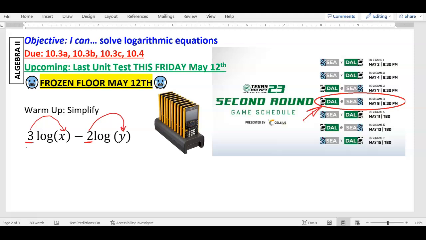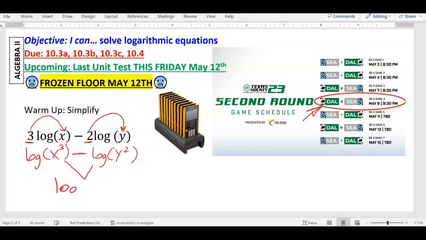So remember, that's going to be log of x to the power of 3, or x cubed, minus log of y to the power 2, or y squared. Okay, so any numbers out front, you bring it up top. And then remember, if there's subtraction, that means you're going to divide on the inside of the argument. So this kind of turns into one log.